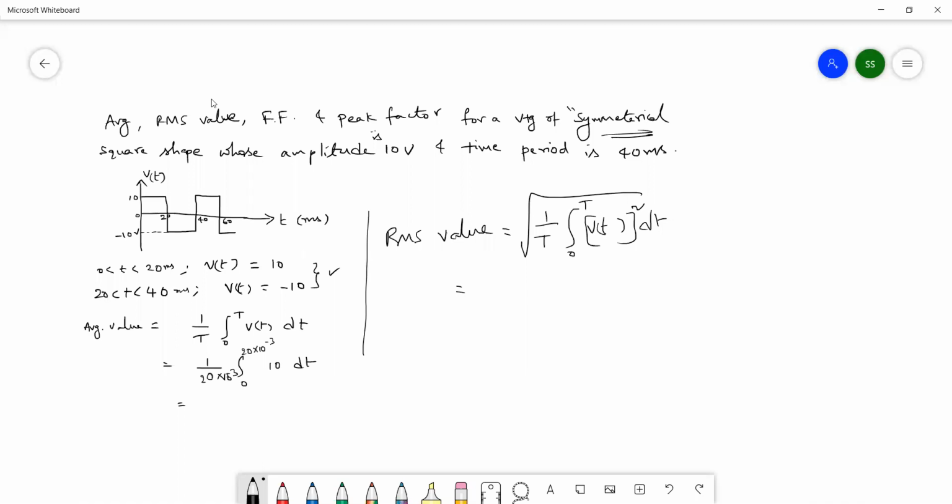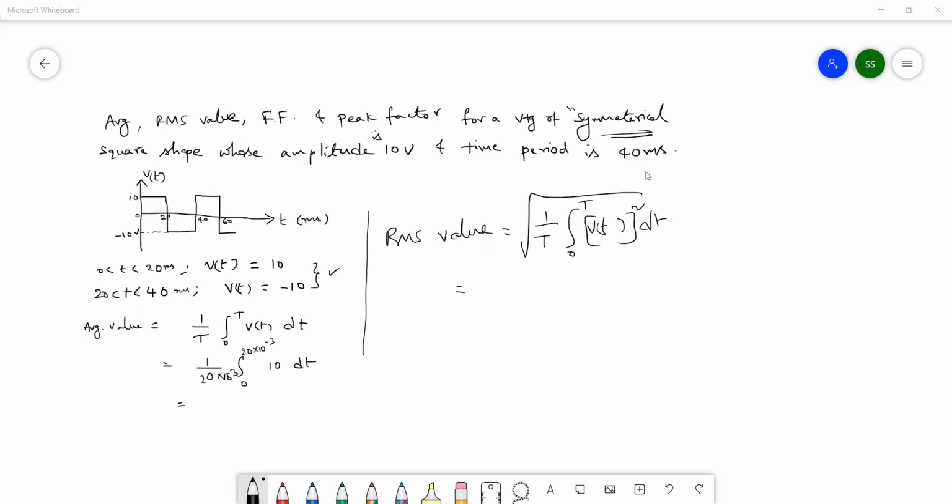Whereas for RMS, we need to consider the full cycle, not half cycles, whether it is symmetrical or unsymmetrical. Irrespective of that, always remember that to calculate the RMS value we must consider the complete full cycle.